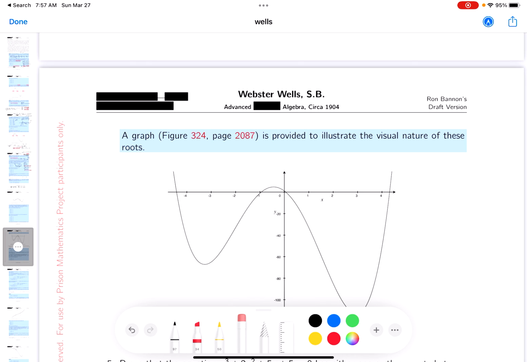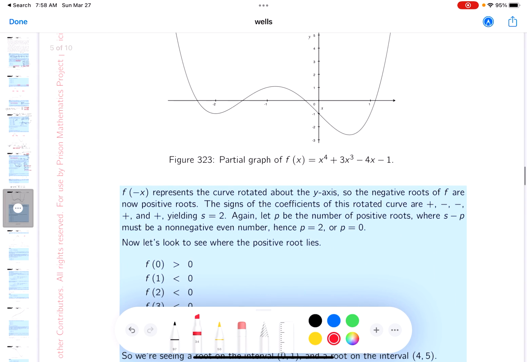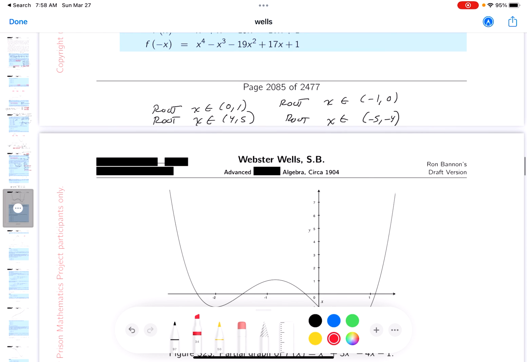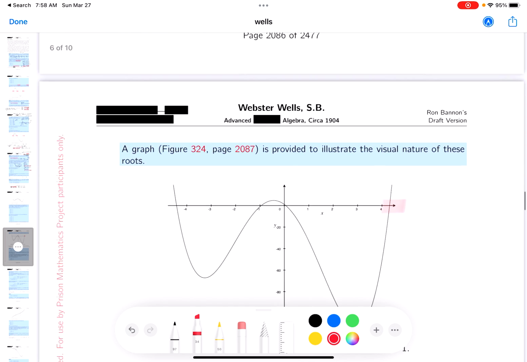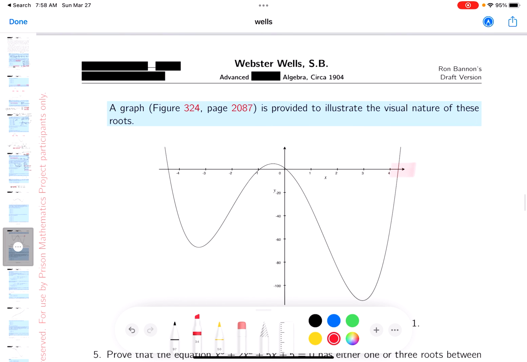So I want to recall that we said there was a root between 4 and 5. Wow, it's a long problem, isn't it? I also said there was a root between 0 and 1. Clearly see that.